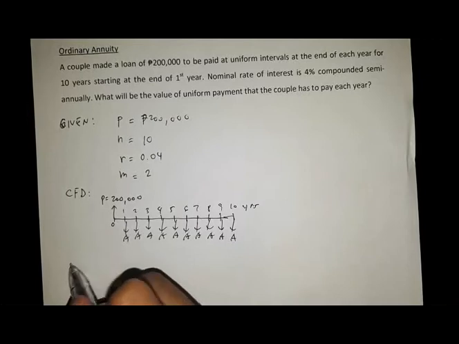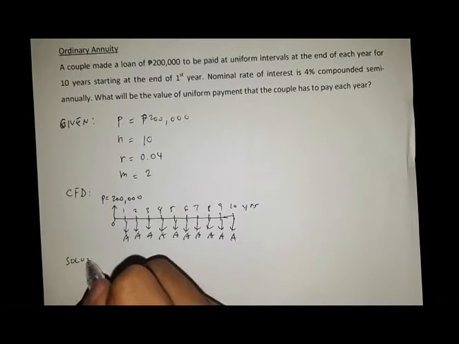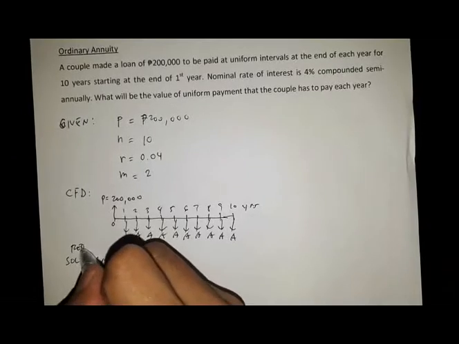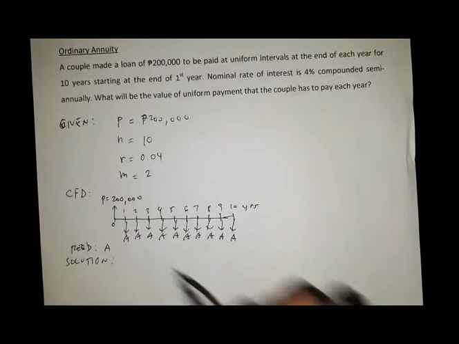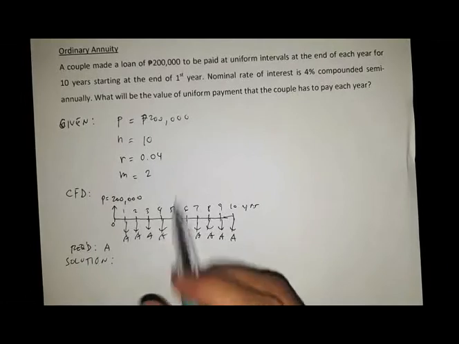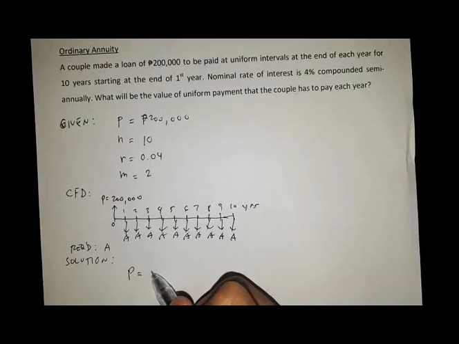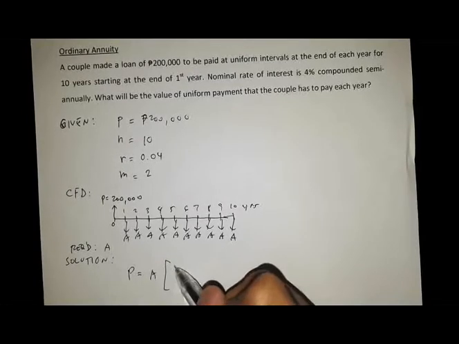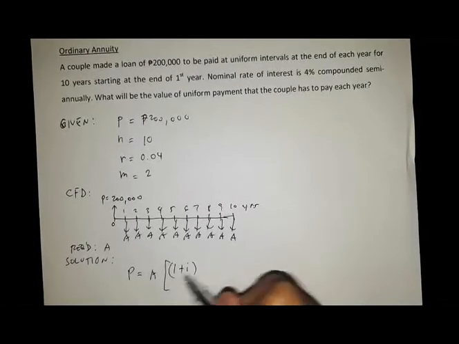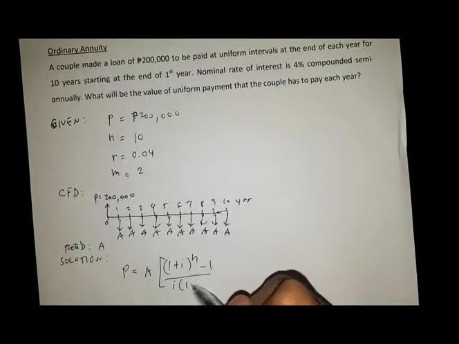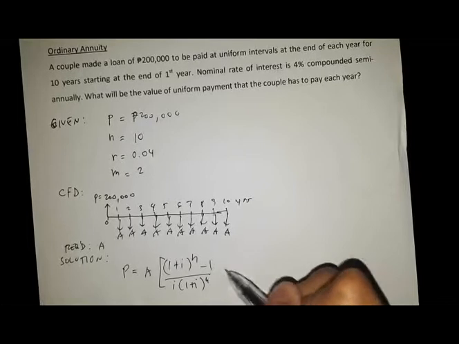So for the solution, required is the value of A. Now we have the given P. So let's use the formula P is equal to A times the quantity of (1 plus i) raised to n minus 1 over i times (1 plus i) raised to n.